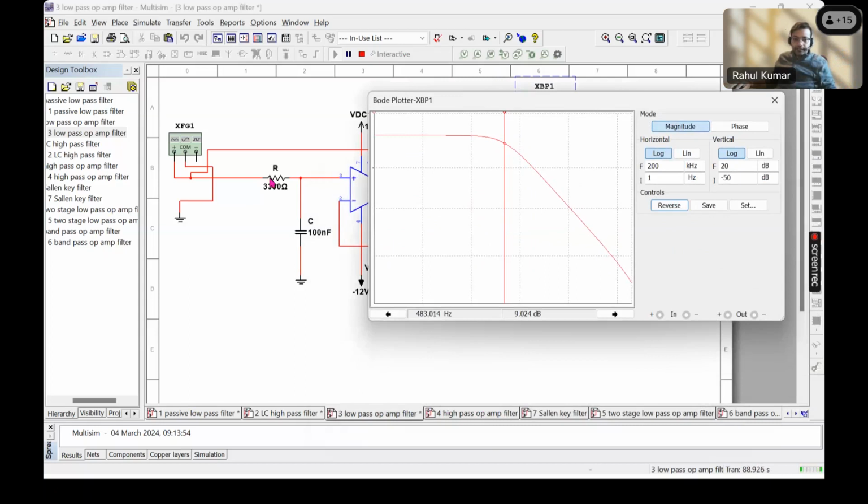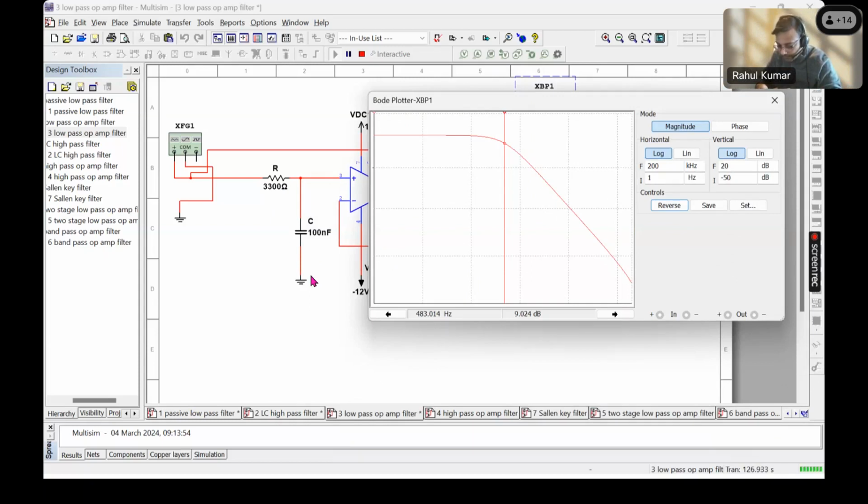Now for this RC, if you calculate the cutoff frequency, it's 1 over 2 pi RC. So 2 pi multiplied by the resistance, 3300, multiplied by the capacitor, 100 nanofarads, which is 10 to the power minus 9 multiplied by 100.